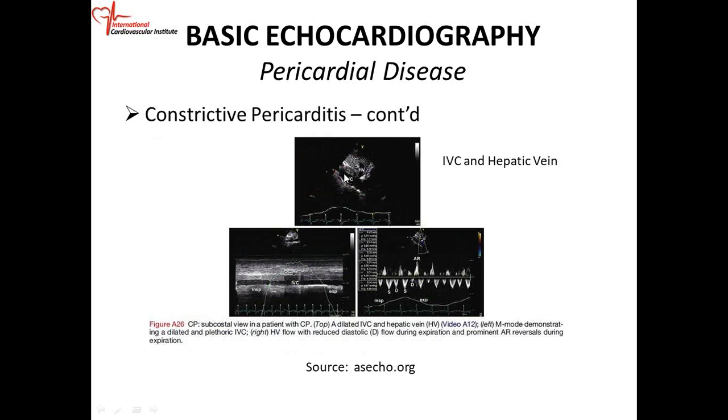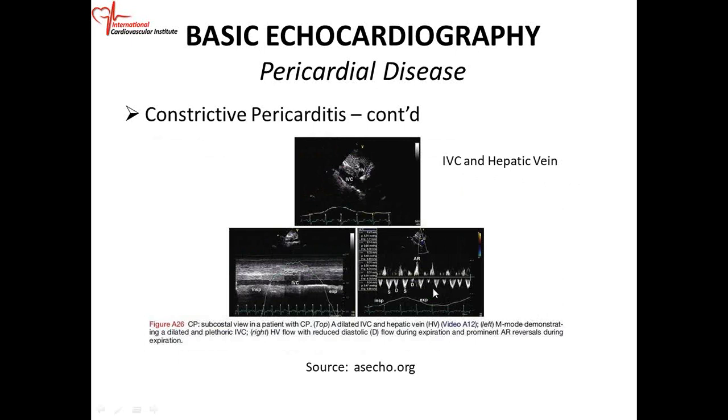Again, the IVC is going to be dilated, and you're going to get a lack of inspiratory collapse. Dilated, lack of inspiratory collapse. And you should always do your M mode to look at it because you can see it much better when you do the M mode. You can see if there's inspiratory collapse, yes or no.